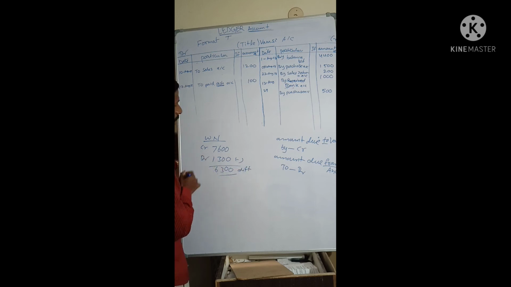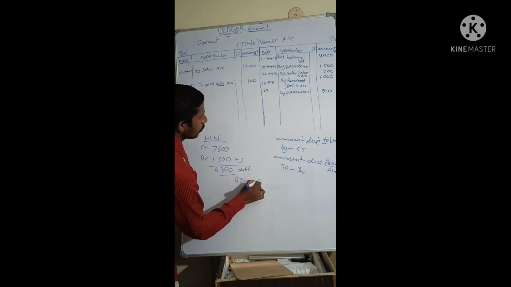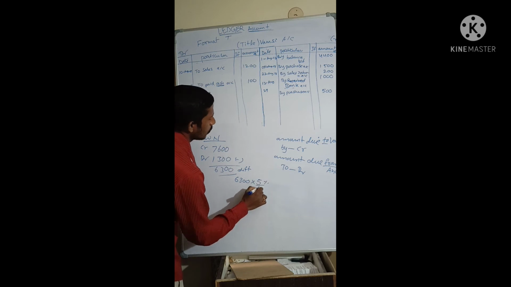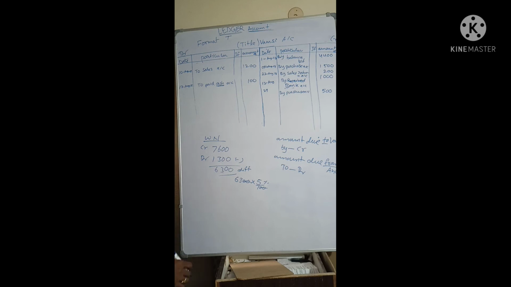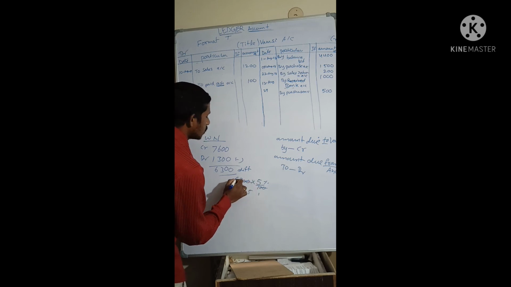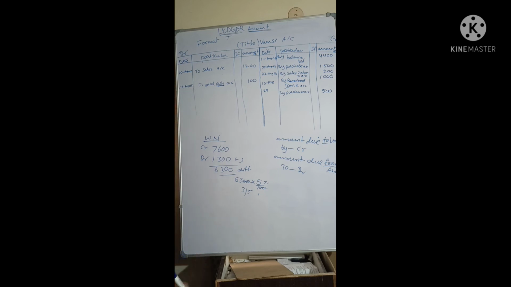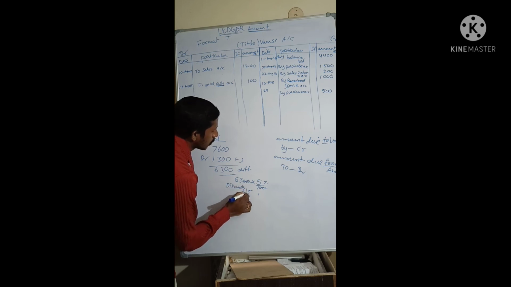Okay. On this difference we have to calculate the 5%. 6,300 into 5% we have to calculate. 5 by 100, 2 zeros cancel. So now 5 3s are 15, 5 6s are 30 plus 1, 31, 15. So 315. 315 is a discount. Okay.